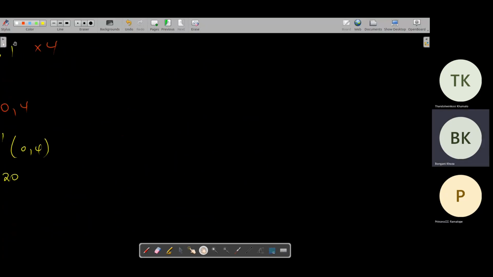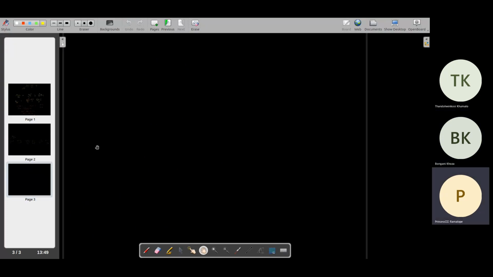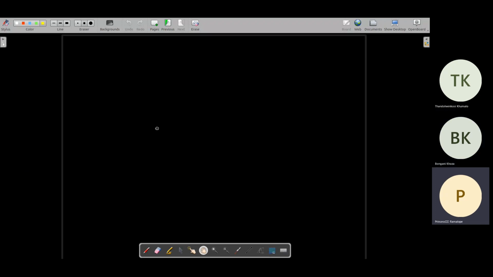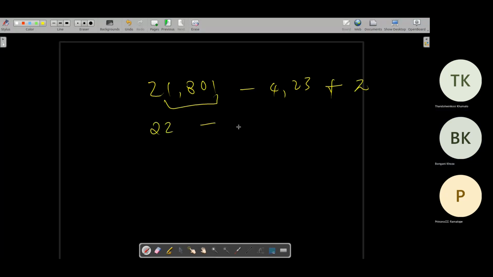So we have done that, and no questions so far. Rounding off while calculating is still fine, but that one I'm avoiding. What if you were supposed to subtract, and you had already rounded 21.801 to 22, and another value to 4, and another to 3?